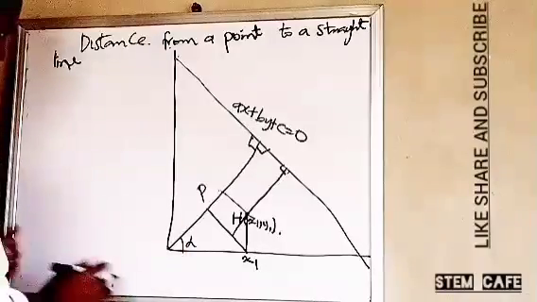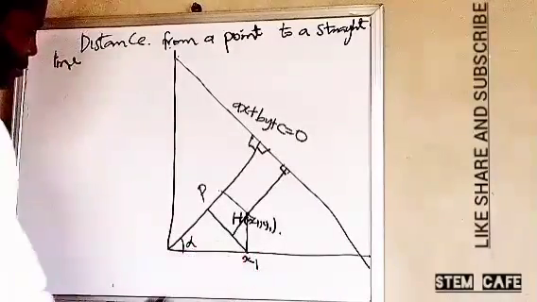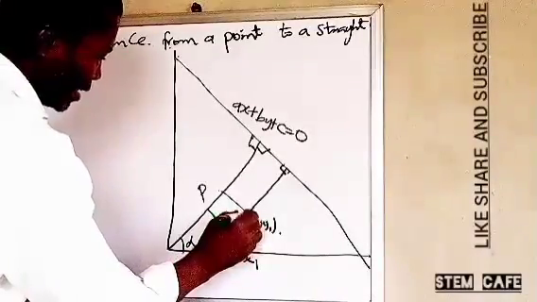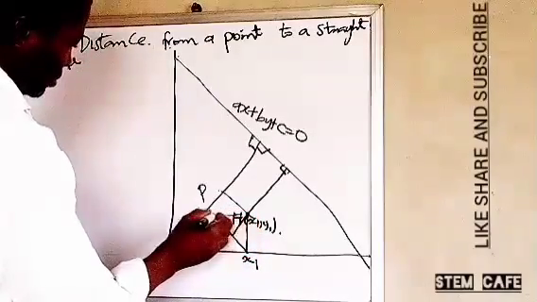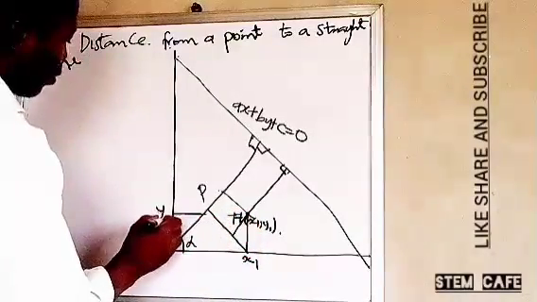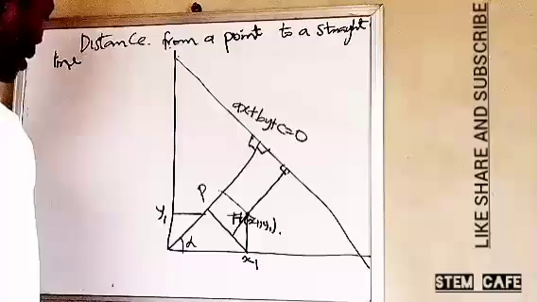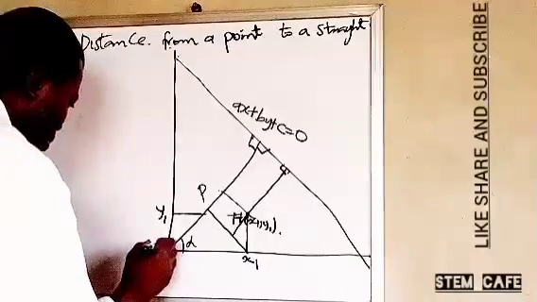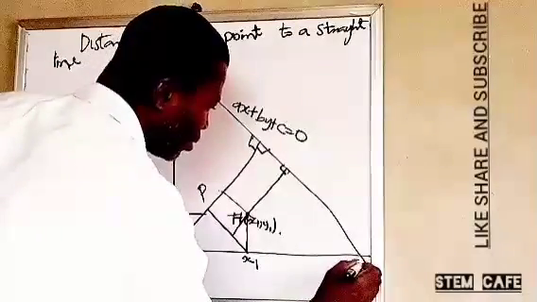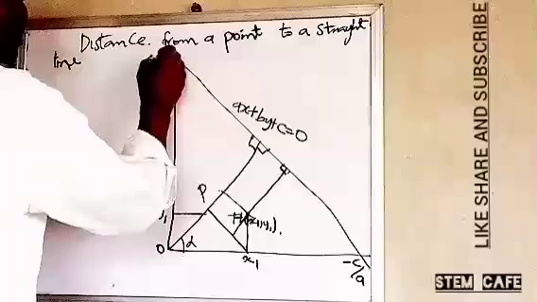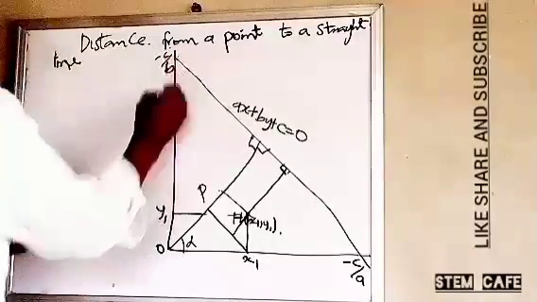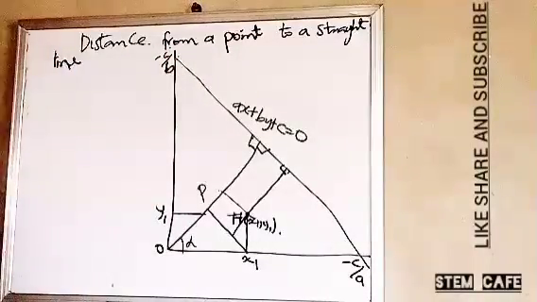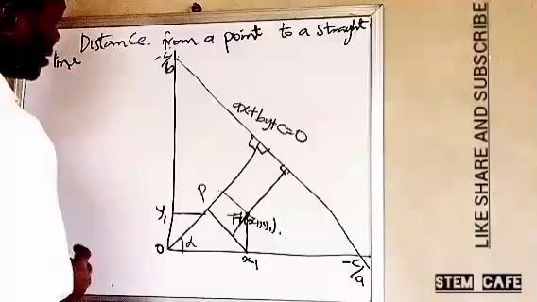Here, I have x1. I have y1 here. Here is O. Here is minus C over A. Here is minus C over B. And before, we got our sine and our cosine.